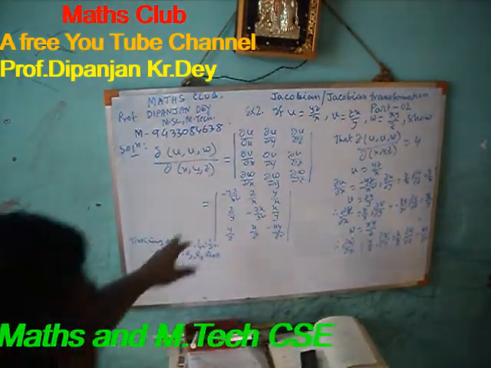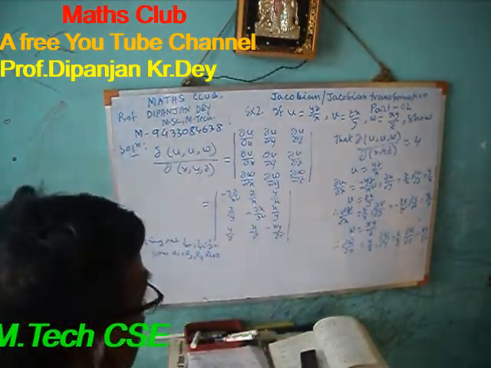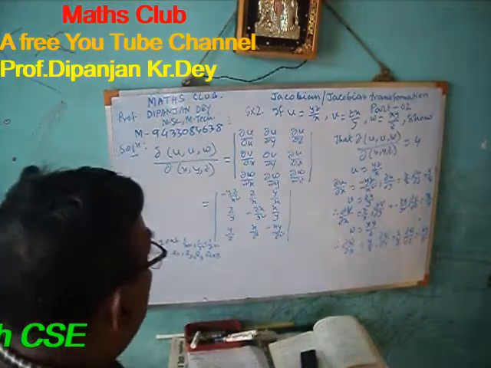What I am doing: from the first row I am taking 1 by x square, from the second row I am taking 1 by y square, from the third row I am taking 1 by z square.